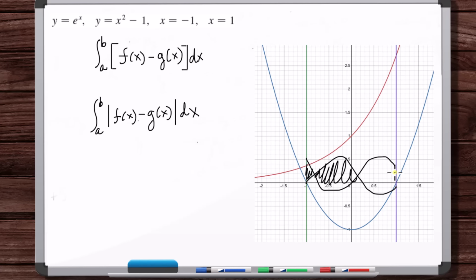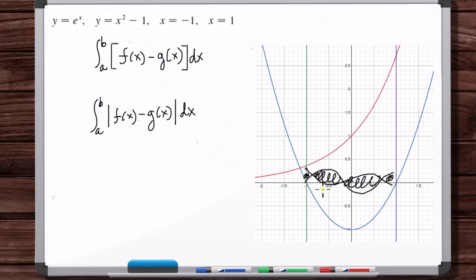And what this formula does is that one way you can look at this absolute value is that it's like a piecewise function. Let me put this back. So we're going to find this area plus this area plus this area plus this area.